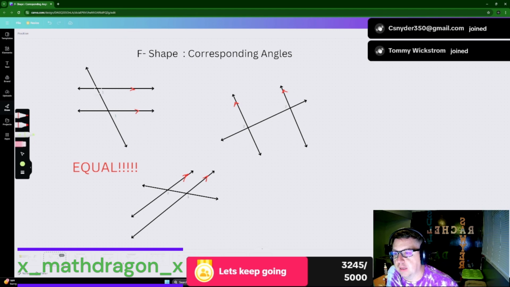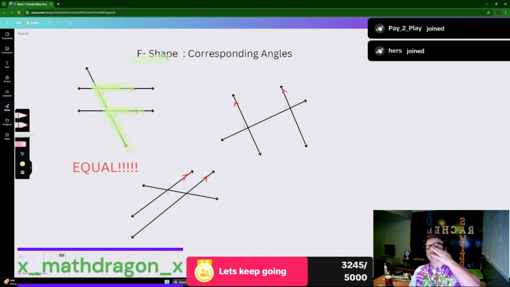Now once we know that, let's just highlight what we know. Here's angle 1 right there. And here's another angle 1 right there. And what I want you to visualize is, hopefully, you see what we call the F shape.